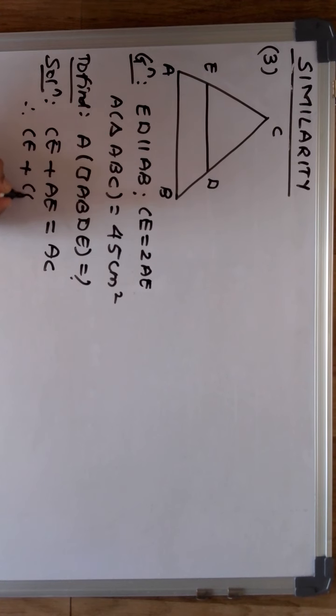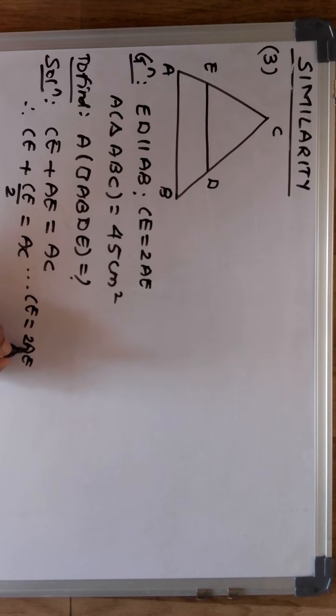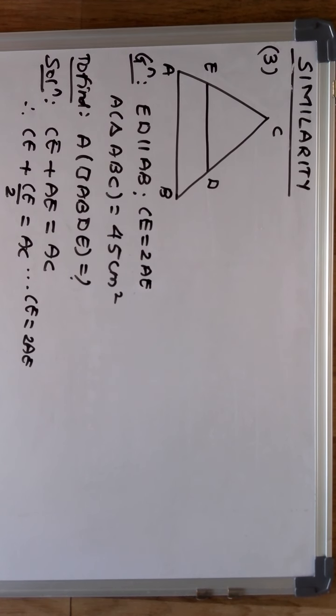So AE will be written as CE by 2, because you are being told that CE is equal to 2 times AE. Now note it down please, draw the figure and then we'll proceed.